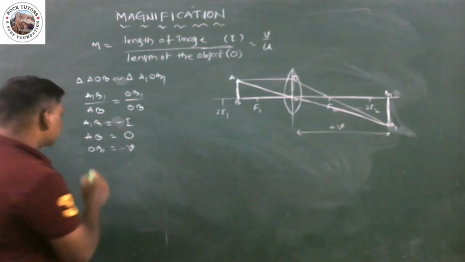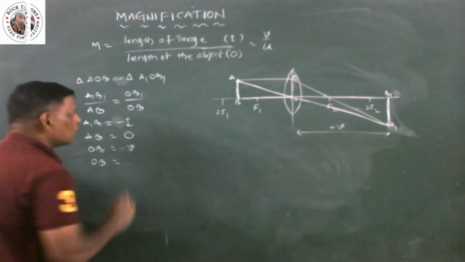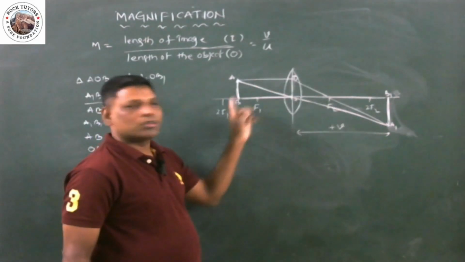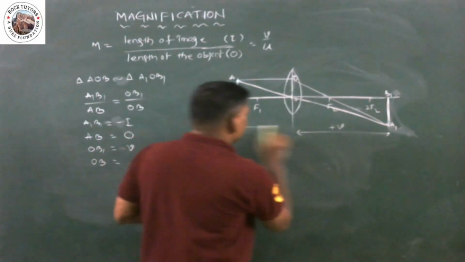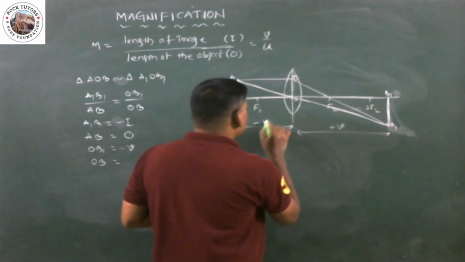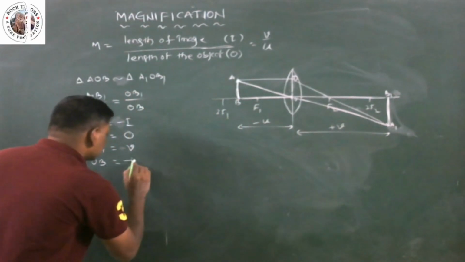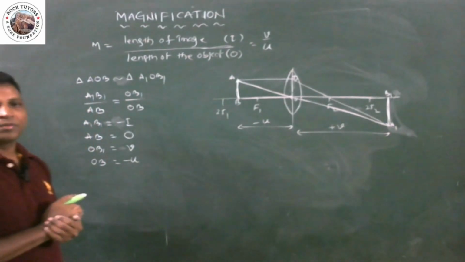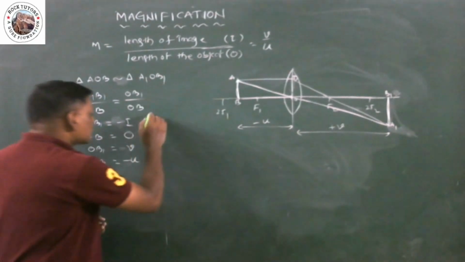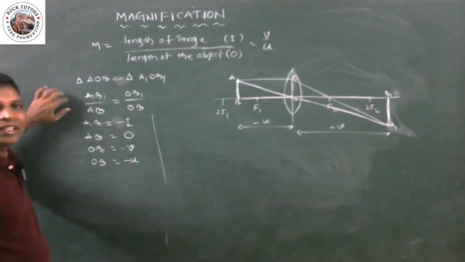Now OB is the object distance, and we know that is negative. So OB is minus U. Now substitute these values in this equation.